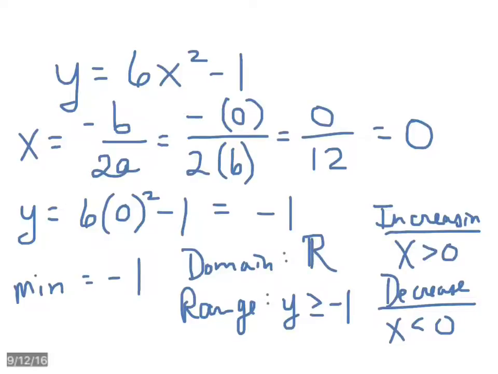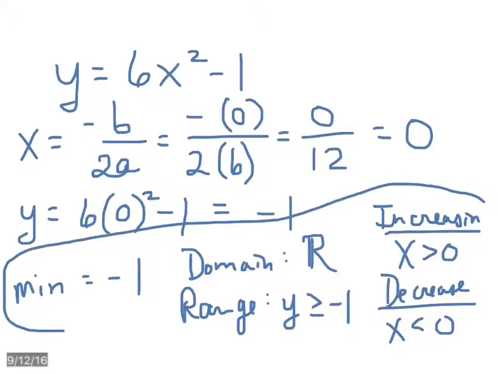Where did I get the 0 from? There's no b. Right, the negative b over 2a thing. That's where I got it from. It's the x coordinate of the vertex. This would be the answer that we're looking for the first couple problems.